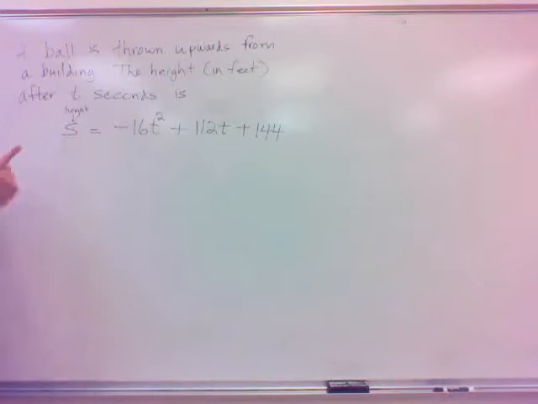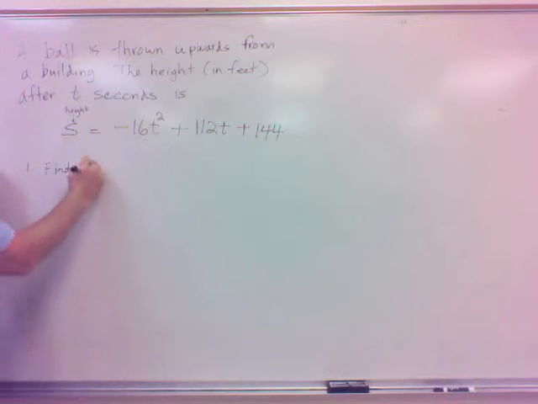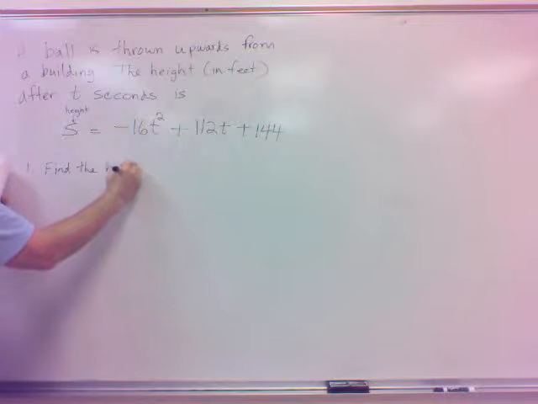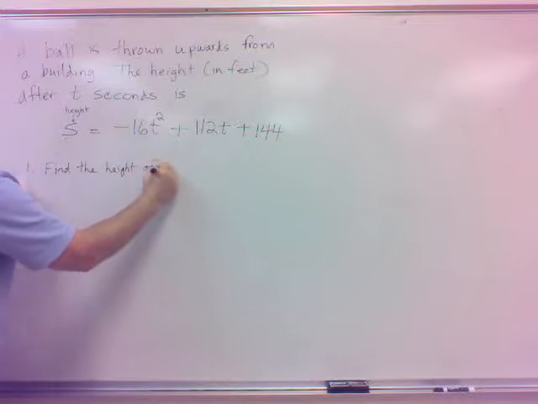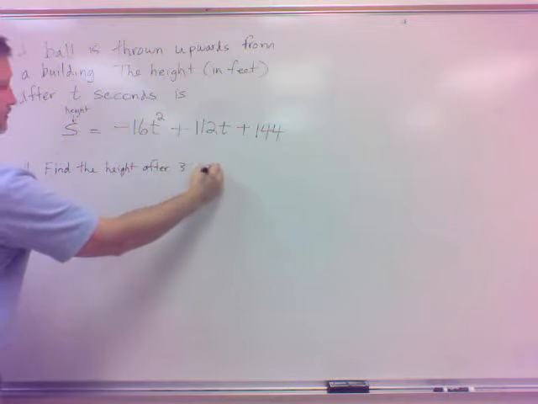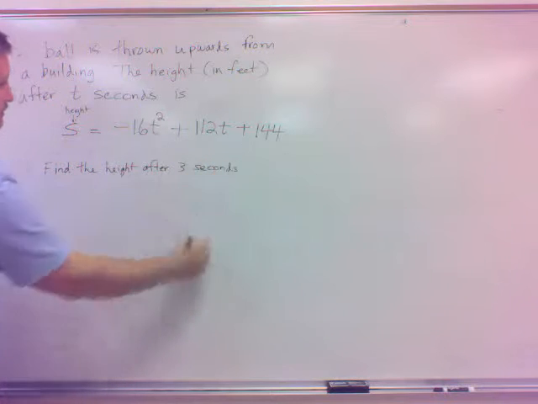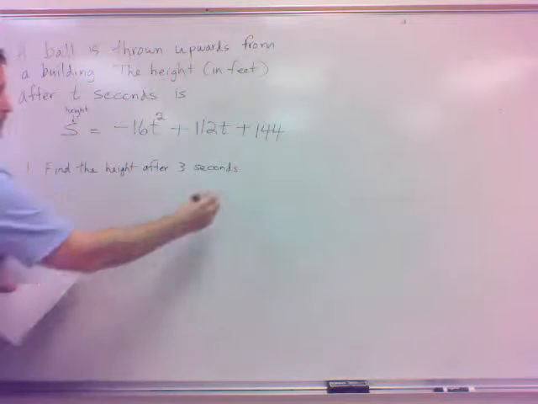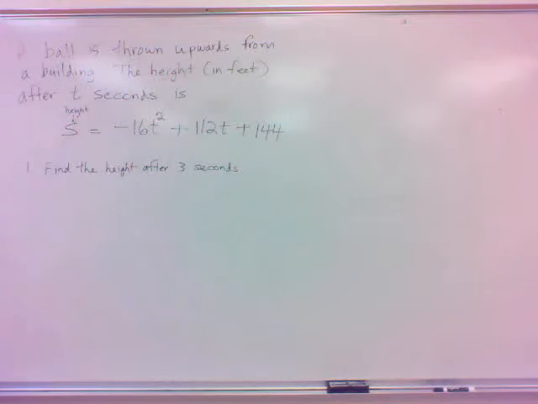All right, the first sort of problem on this will just be find the height problem. Find the height after 3 seconds. What would be the height after 3 seconds?